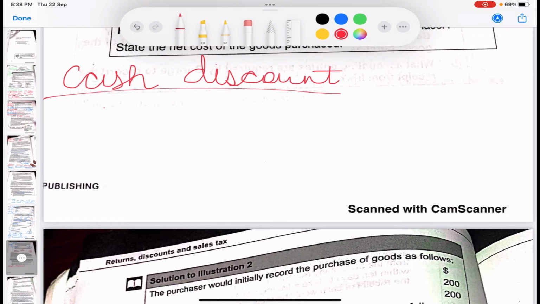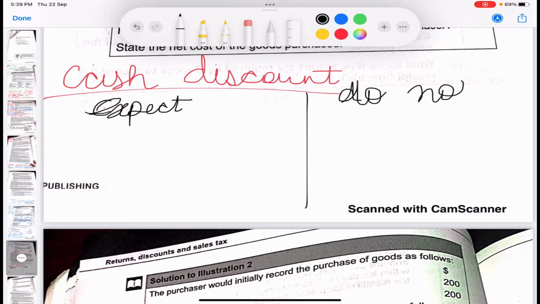The first thing which you will be talking about is that you either expect a person to take the discount, or you do not expect it.